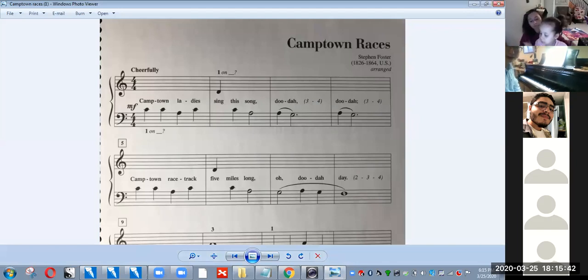Wow, that's fast. And then can you make a legato when you play A G? Connect between the notes. Good. And then keep playing. Try one more time. Good tempo, cheerful.